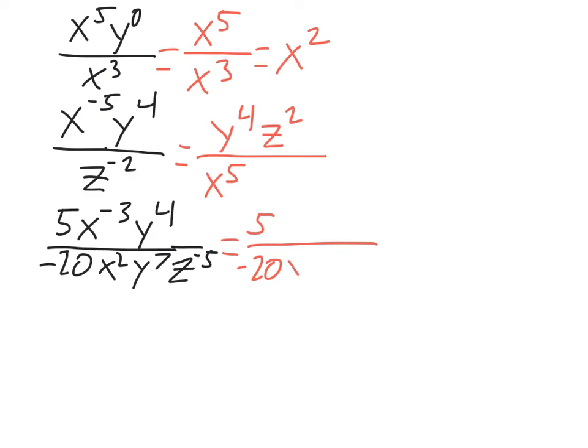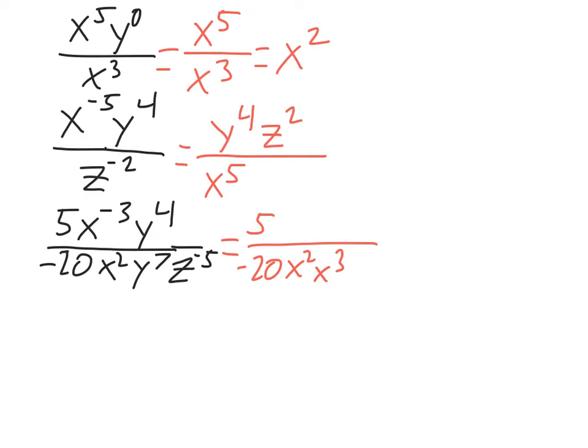So we have an x squared here, but we also have an x to the third, because this x squared stayed down bottom. X to the negative 3 became x to the third on bottom. Got rid of the negative, bring it down bottom. We'll have to deal with this in a moment.